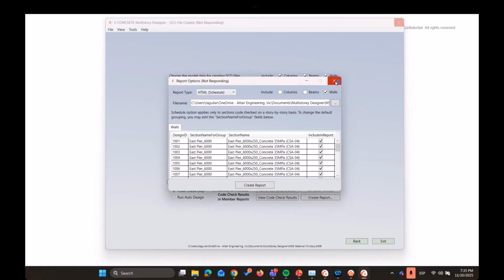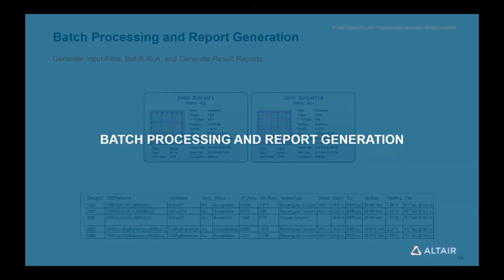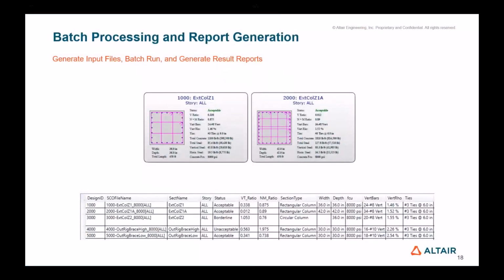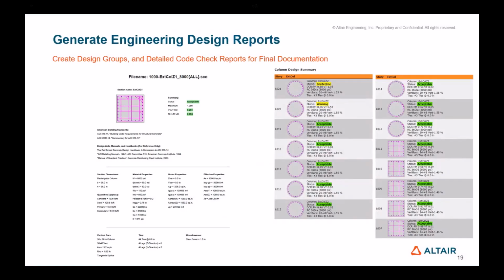So that is one way of creating different design reports. Let me just go quickly through all of these because this is what we have already explained about the reports after generating the files, running these on batch, and getting this final documentation.